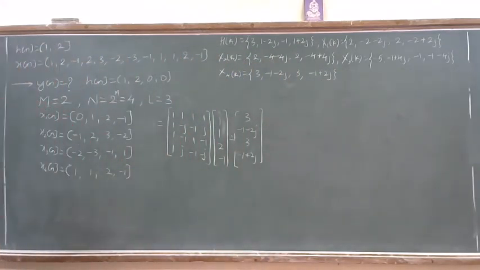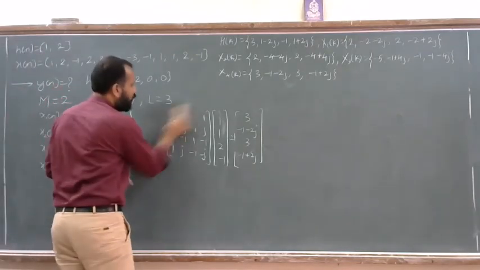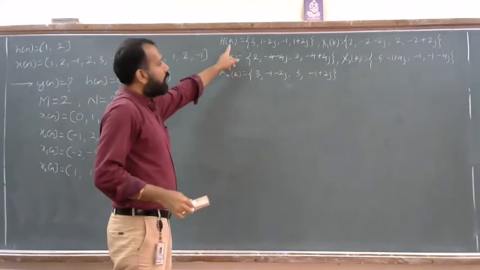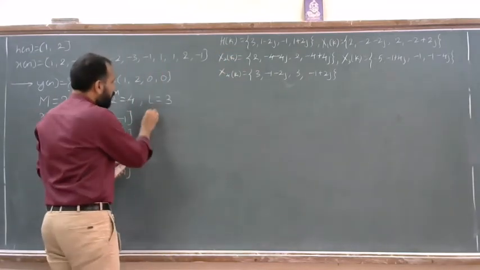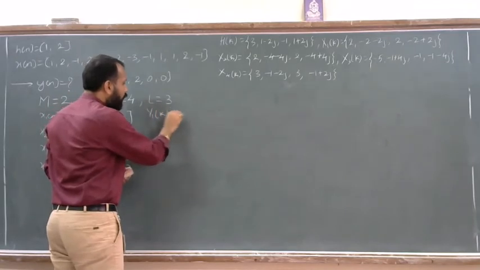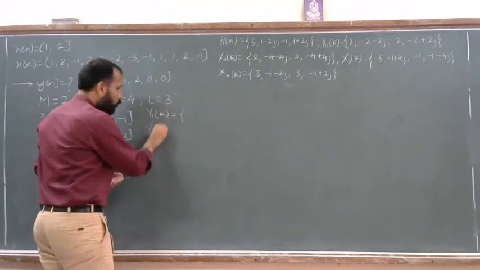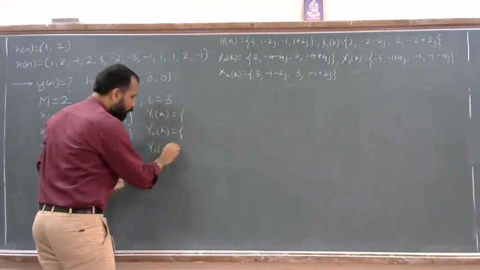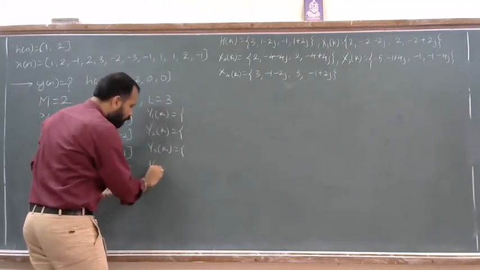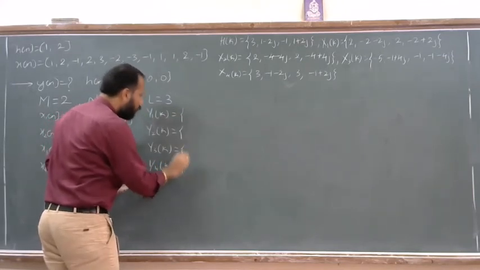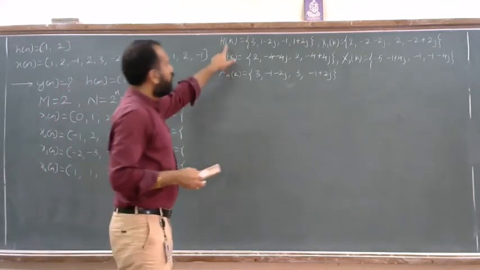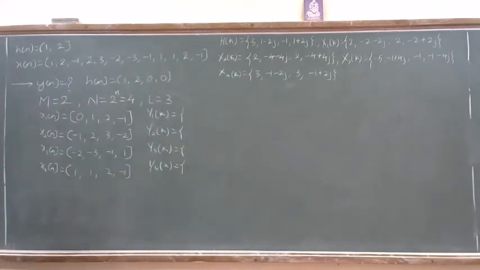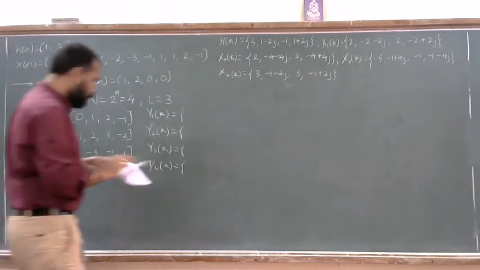Now, on each of these 4-point DFTs, multiply the two and obtain the products y1 of k, y2 of k, y3 of k, and y4 of k. y1 of k will be the product of h of k and x1 of k, and likewise. Multiply them point by point and you will get those 4-point vectors.